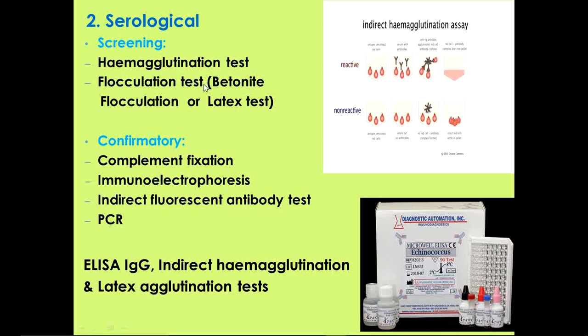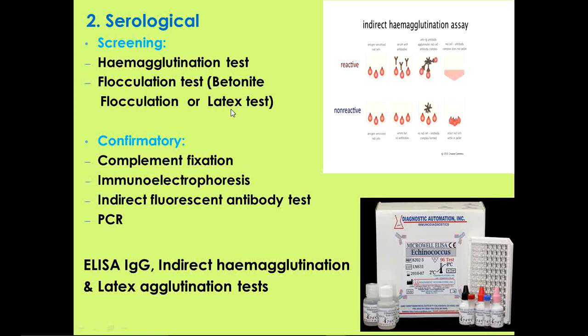Then is the flocculation test, which is of two types: the bentonite flocculation test or the latex test. So the flocculation test is going to use either bentonite particles or the polystyrene latex particles in case of the latex test.